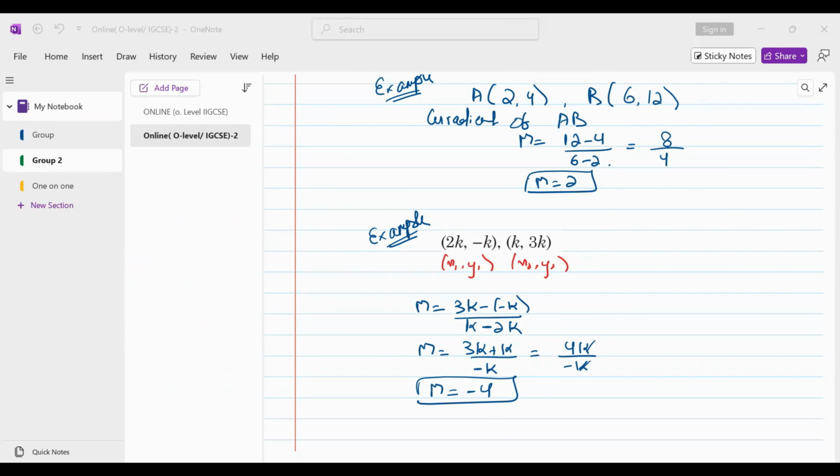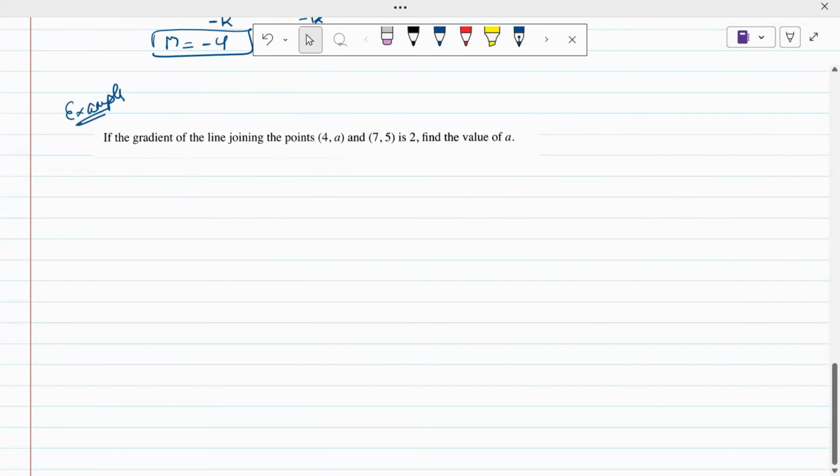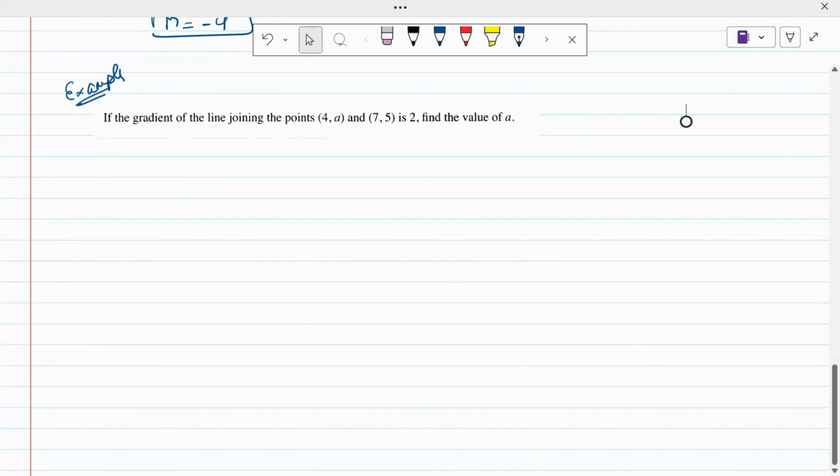For example, in case of this example, we have been given the gradient, and we are supposed to find one of the missing coordinates. A. Gradient is given as 2.